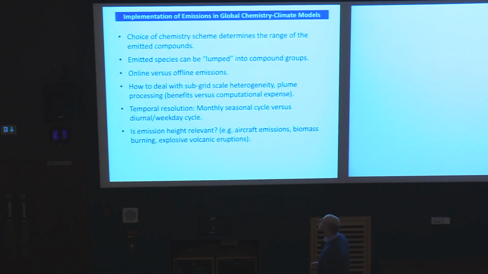So if you add these emissions directly into your grid box, they get instantly diluted homogeneously over the extent of the grid box, and it can result in a change to the chemical scheme. You need to think about whether this possibly causes a problem in the research questions you wish to address. We'll look at this in a second. There are ways around this, but they might be computationally expensive.